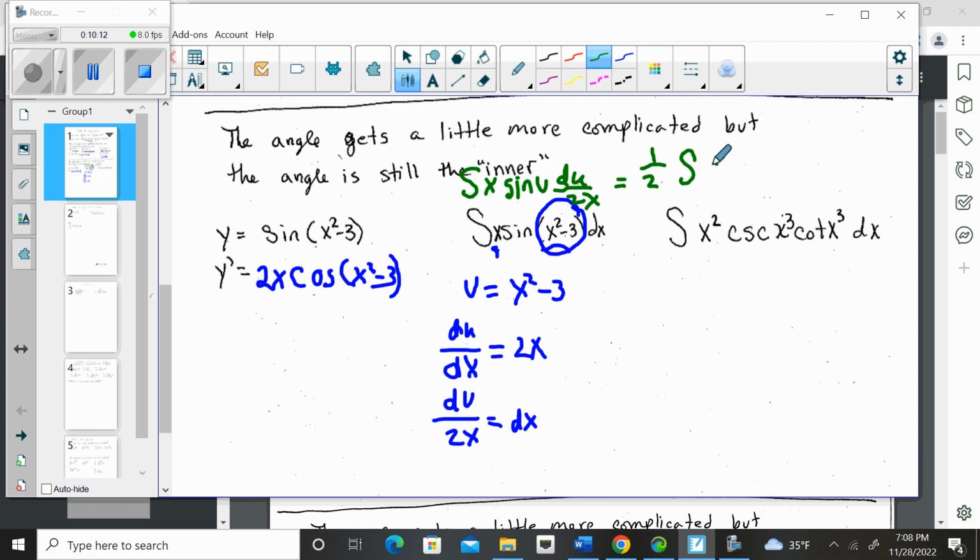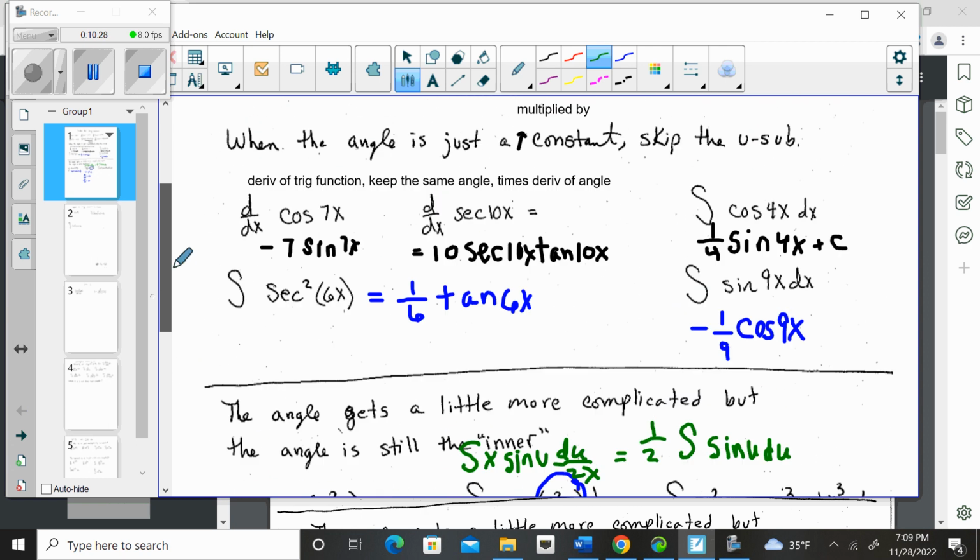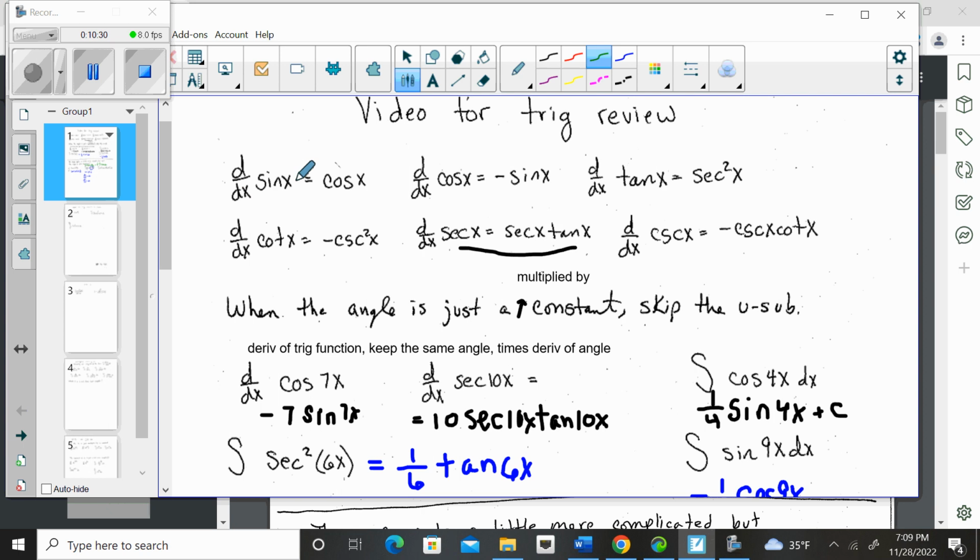Now we need to figure out what's the antiderivative of sine. Which function has sine as its derivative? And this is du. And so it doesn't matter that I have a u in here, because I could go up here and I could replace, the x just stands for the angle, right? So all of these can be just replaced with a u.